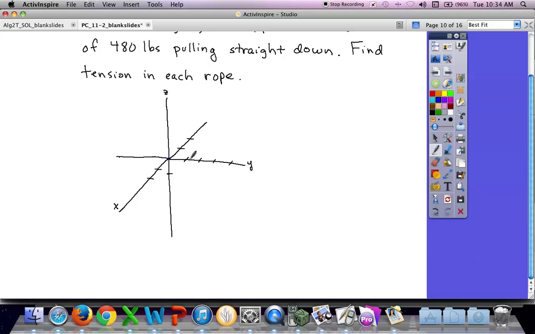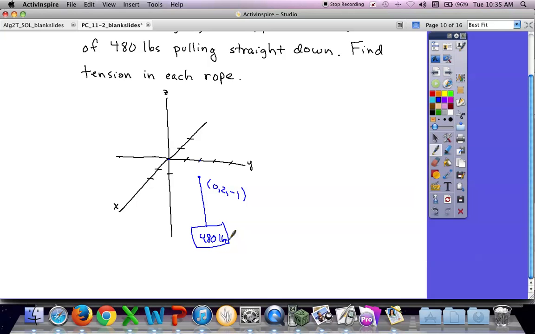So I would go 0, 2, and then -1 tells you down 1, right? So about right there. 0, 2, -1. That's the point at which there is a rope hanging down, and at the bottom of it there is a weight, and it is 480 pounds.